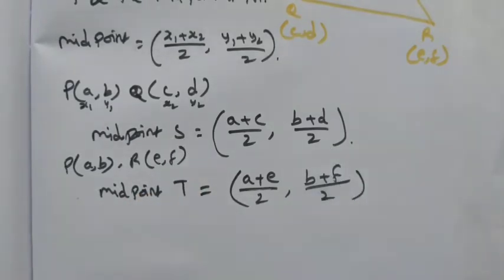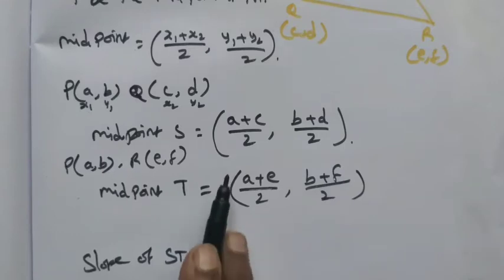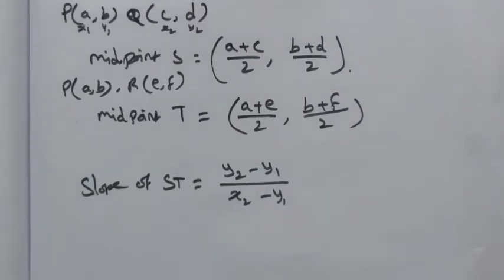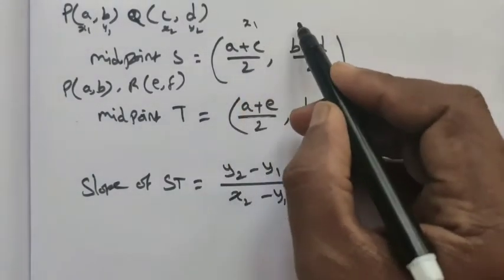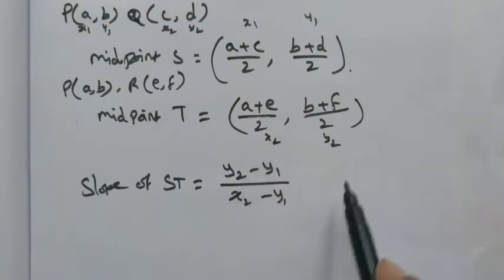By using these two, we have to find the slope. The slope of ST is equal to, when 2 points are given, we know the formula, that is y2 minus y1 divided by x2 minus x1. Let me take the points S and T, x1, y1 and x2, y2.